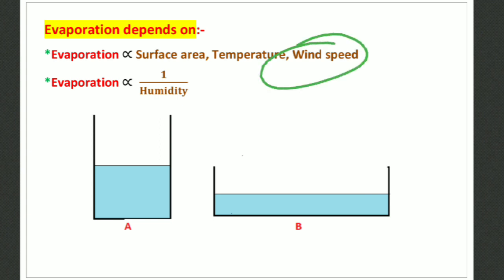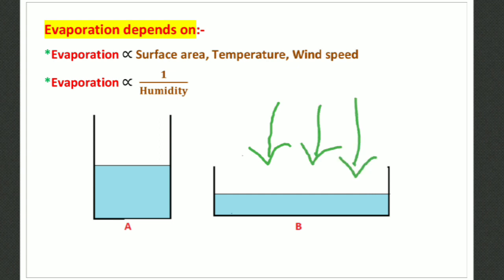Wind speed is very important actually. When we heat a liquid, it starts to boil by overcoming the atmospheric pressure given by the atmosphere. This is a downward pressure given by the atmosphere.